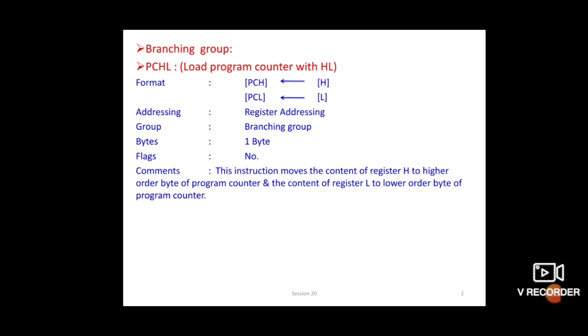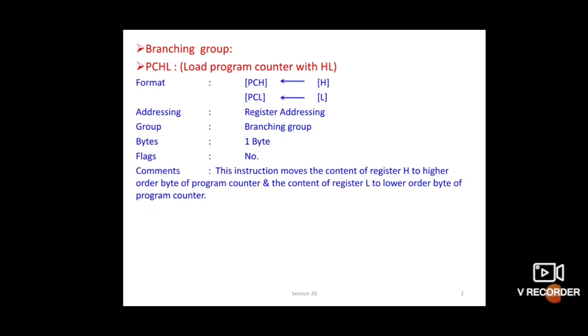Now see how to execute this instruction. This instruction moves the content of register H to the higher order byte of the program counter. The program counter is a 16-bit address. H stores 8-bit data and L stores 8-bit data, so a total of 16-bit data is stored in the HL register pair, and that 16-bit data is transferred to the program counter, separated into higher and lower.